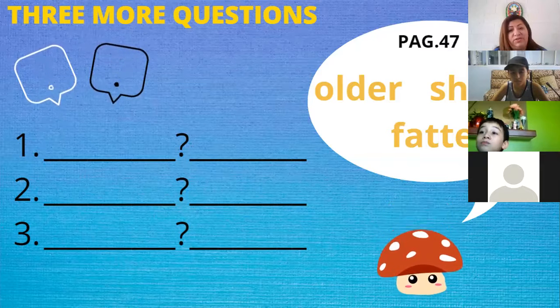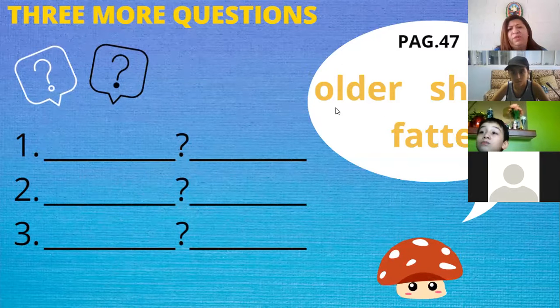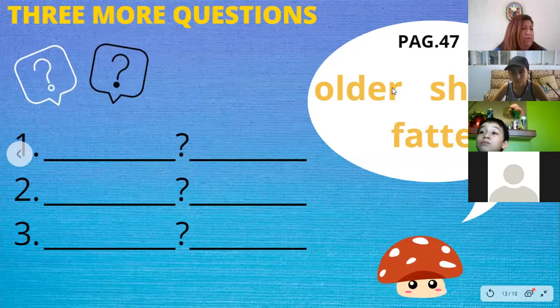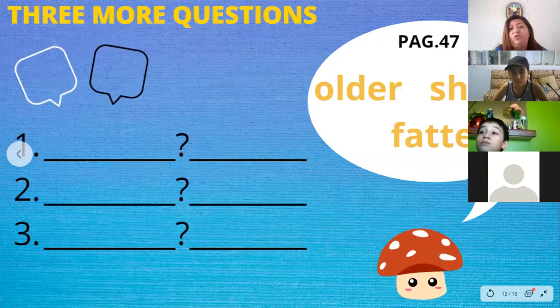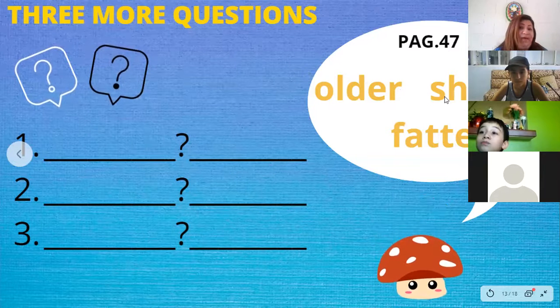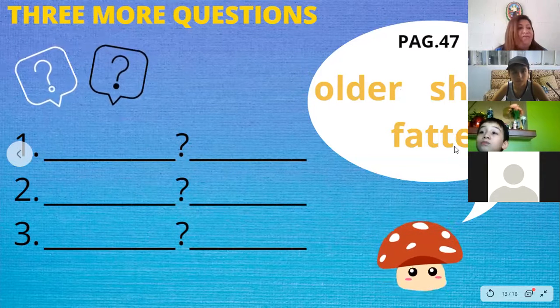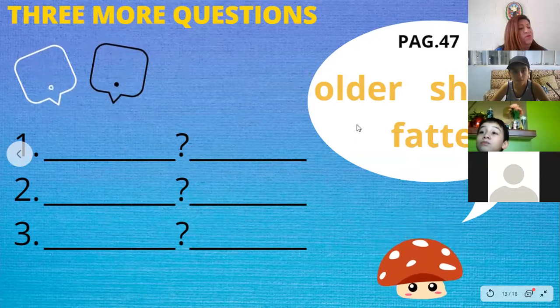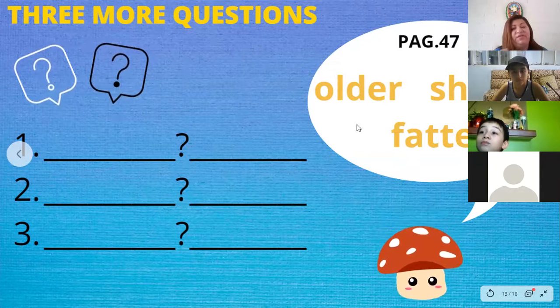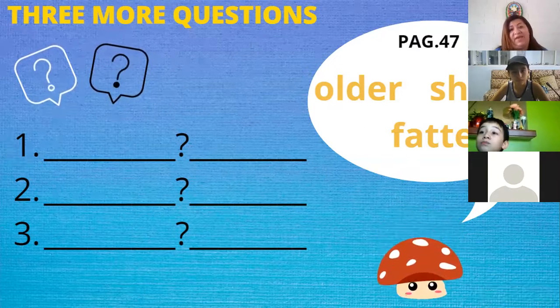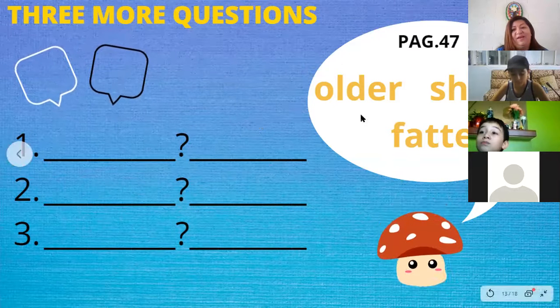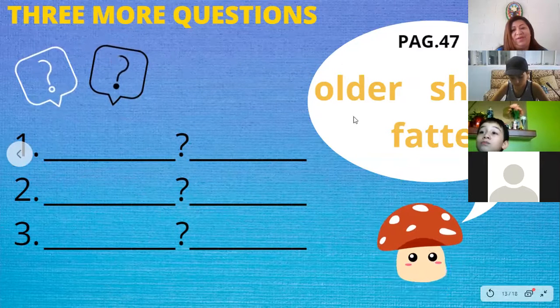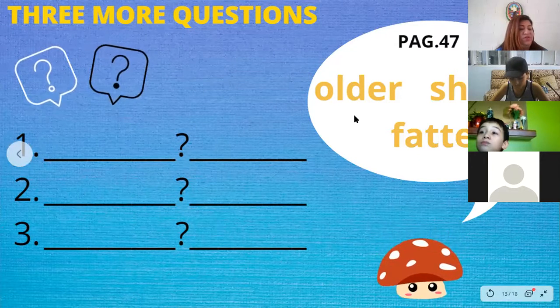You can write a question with older, comparing Carol and Simon, for example. Shorter, using Zoe and Alex. But for older, it is better to use Nigel and Jane, because they have a birthday cake.